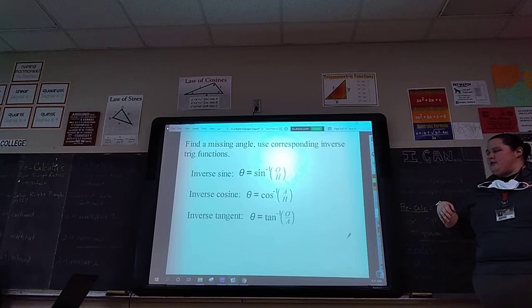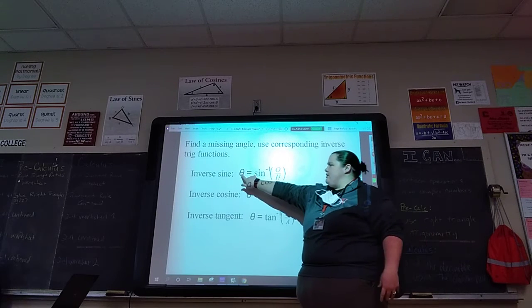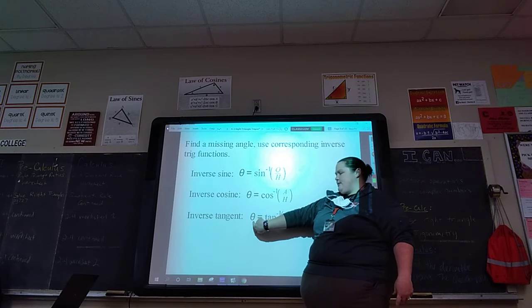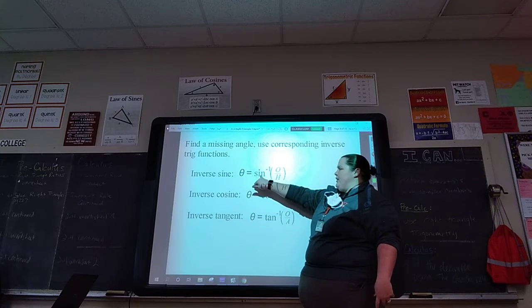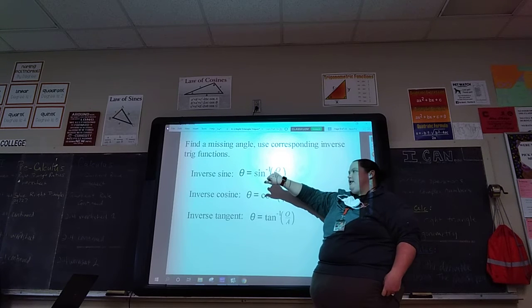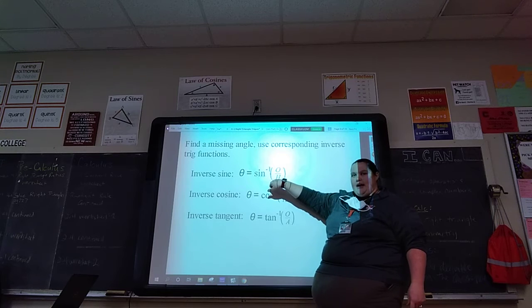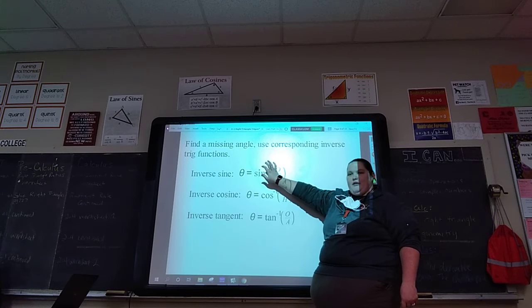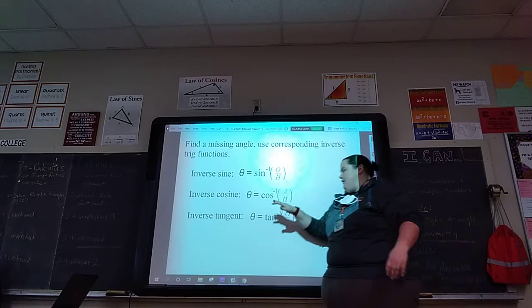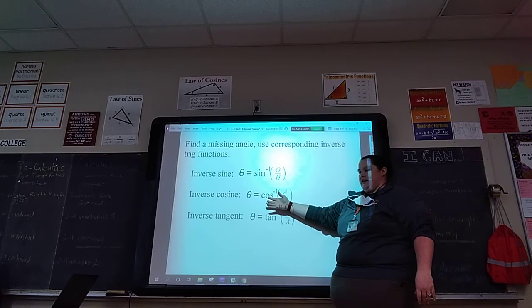So what we can do to find an angle, I have these set up to find angles. Usually our angle is labeled with a theta, so that's why I have a theta here. We use sine inverse, and you can notice the ratio remains the same. So it's still SOHCAHTOA. If you know the opposite and hypotenuse side, you can just put that inside the sine inverse. That'll get you that angle. If you know the adjacent and hypotenuse and you're looking for that angle, put it inside the cosine inverse.